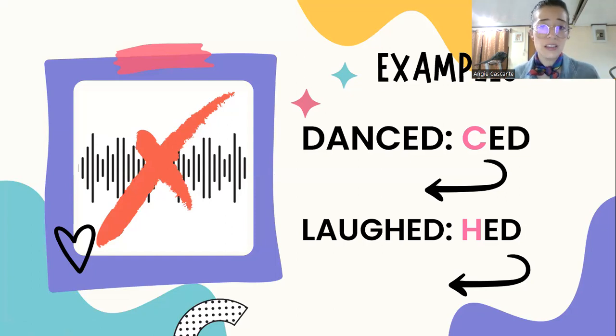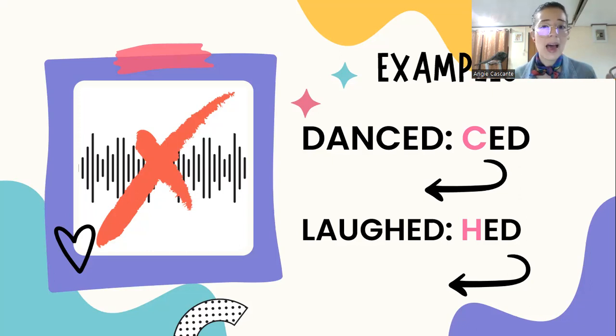If you say dance, and you place your fingers, dance, dance. Do you feel it moving? Is it a strong feeling? Is it barely moving? So we're going to use a T here. We're going to say danced. I danced all night.